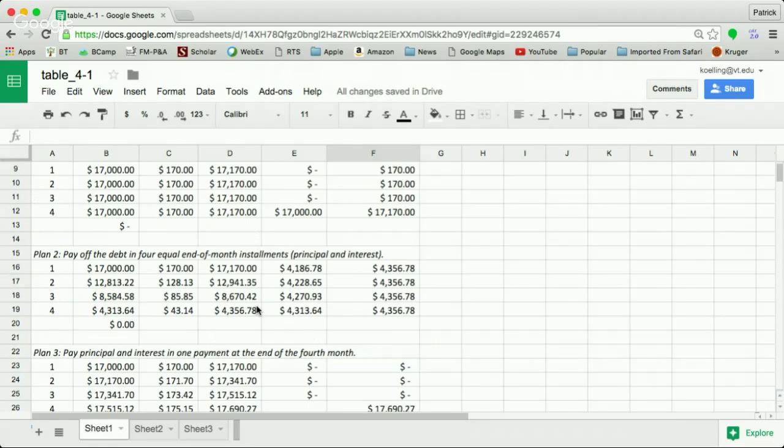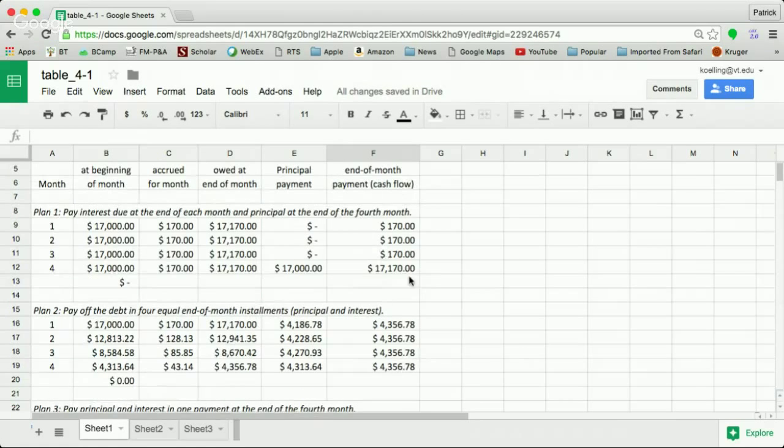Plan 2, we get $17,000 in our pocket to do with whatever we do. We're borrowing the money. We pay $4,356.78 each at the end of each month, month 1, 2, 3, and 4. And when we're finished, we have paid off the loan.